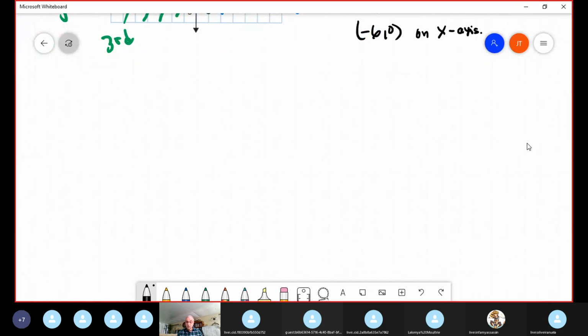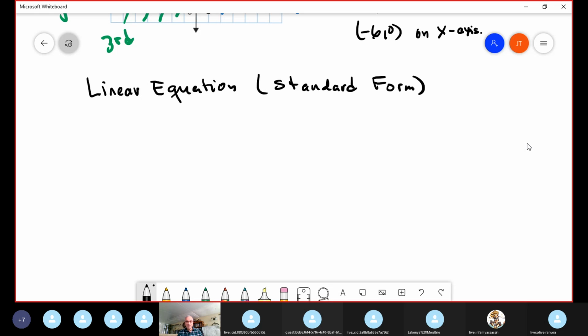Now, let's study the linear equation. Pero in this case, I study it in standard form. Linear equation standard form is something like that.